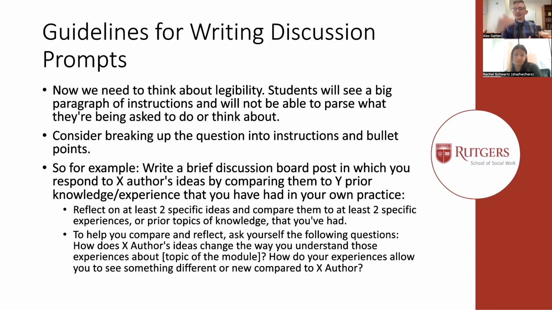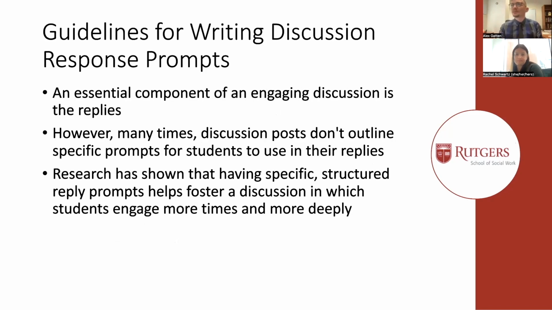They know they don't necessarily need to do, okay, question 1, here's my answer to question 1, question 2, here's my answer to that. But rather, these questions are supposed to help me formulate what's going to be a more narrativized response, right? Not just a list, although there can be discussion board prompts that are perfectly fine to have students respond to in lists. It depends on what work you're asking students to do.